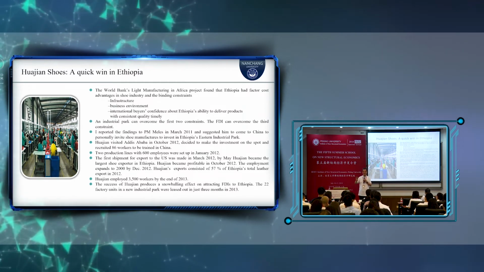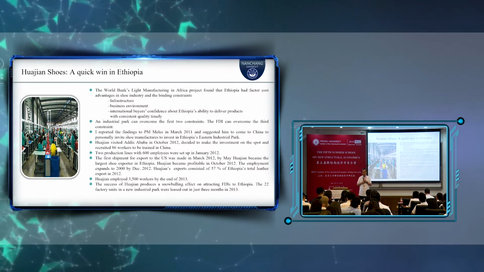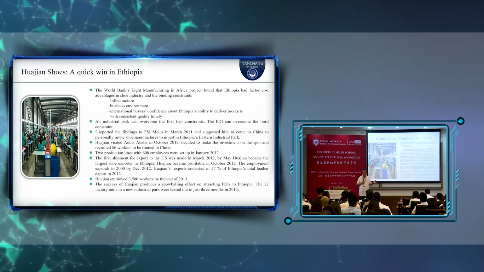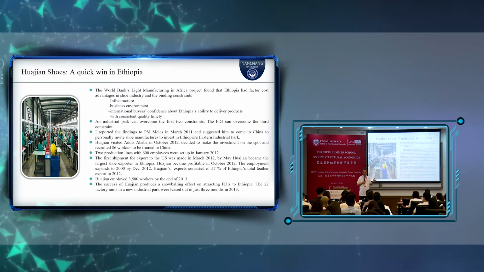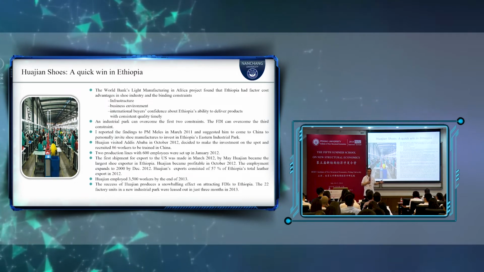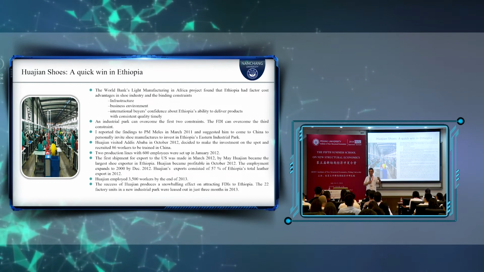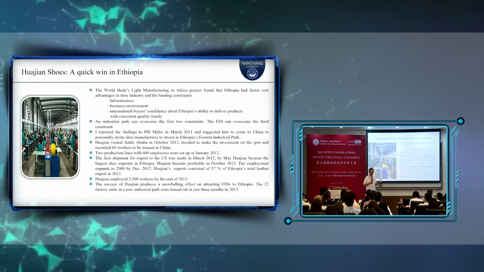Then the investor came to Addis Ababa in October 2011, made a decision to invest, and immediately recruited 86 workers and sent them to China for training. Three months later, in January 2012, they started production of two production lines with 600 workers.